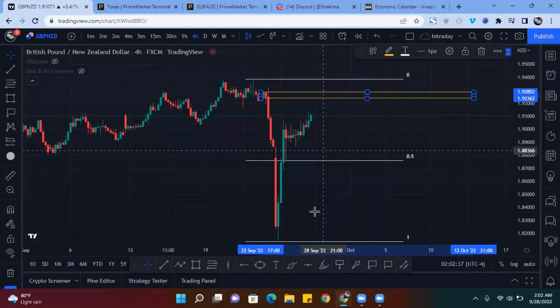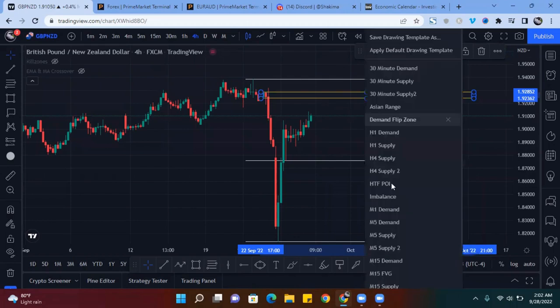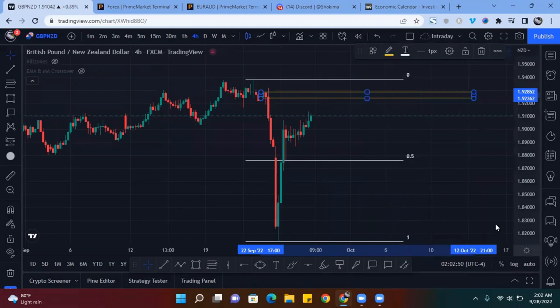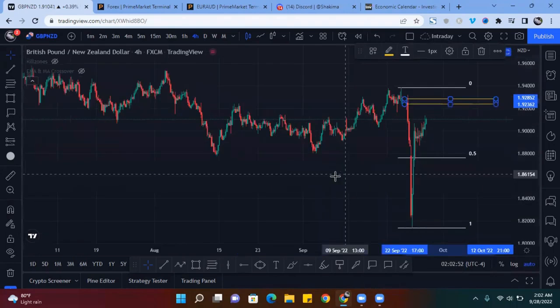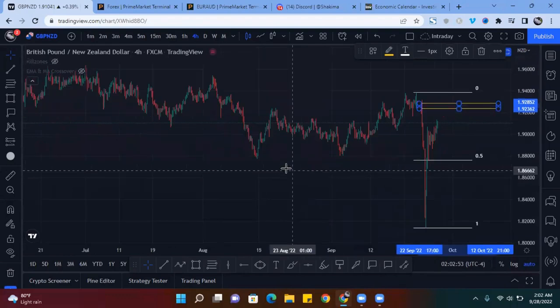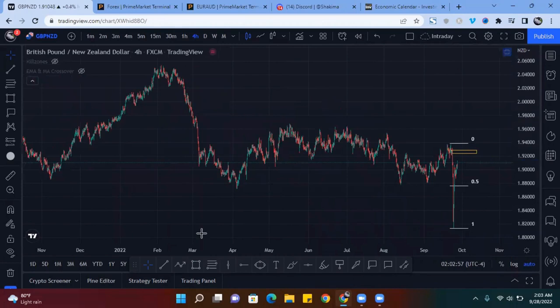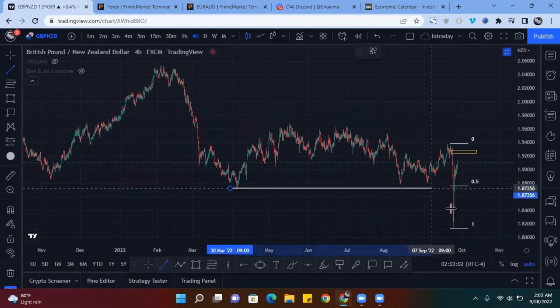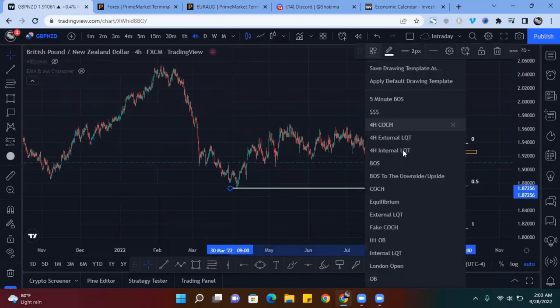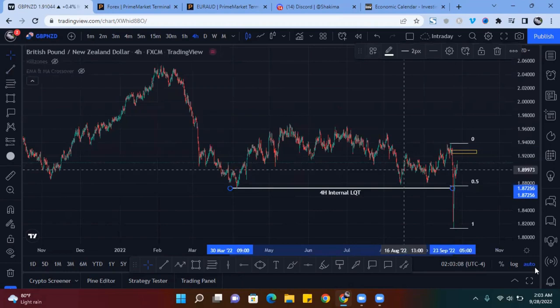So back to what I was saying. Change this to higher time frame POI. So let me zoom out to see on GN. Yeah, so you had once again the 4-hour internal liquidity take right here.